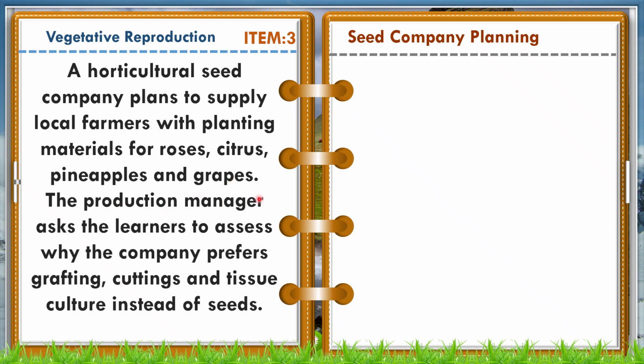The production manager asks the learner to assess why the company prefers grafting, cuttings, and tissue culture instead of seeds. Tasks.